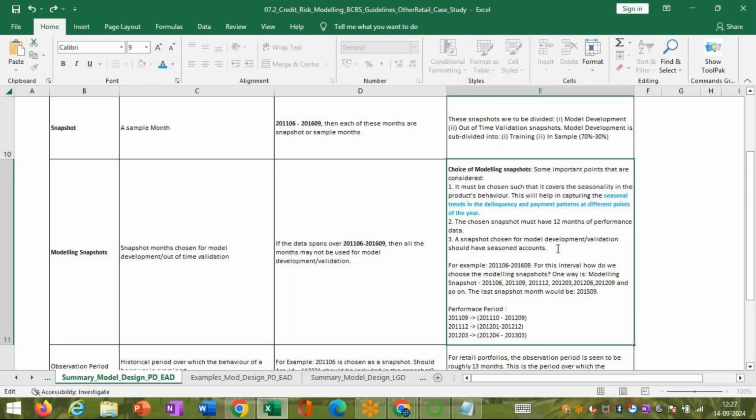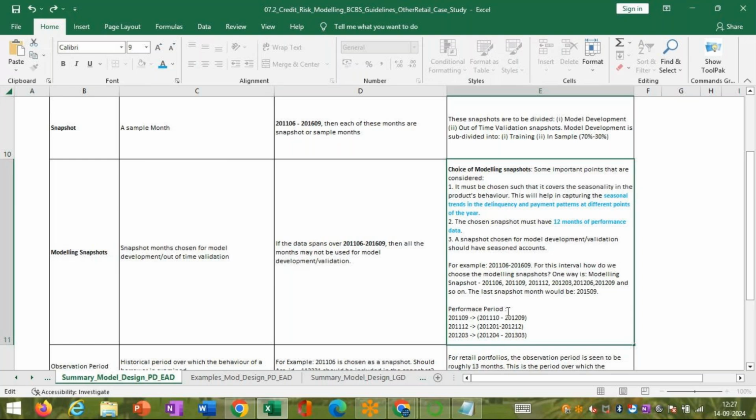The second point that we have over here is that the chosen snapshot must have 12 months of performance data, because if 12 months of performance data is not available to us, then the chosen snapshot must have 12 months of performance data.